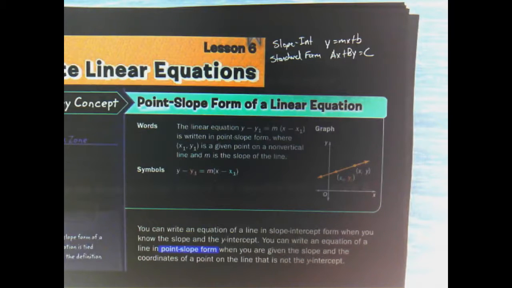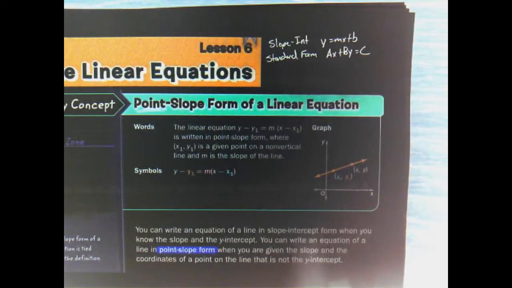So you can write an equation of a line in slope-intercept form when you know the slope and the y-intercept. You can write an equation of a line in point-slope form when you are given the slope and the coordinates of a point on the line that is not the y-intercept. So over here it says slope.